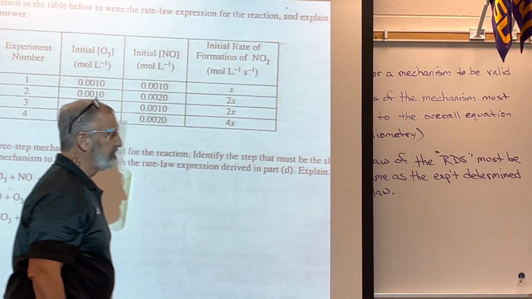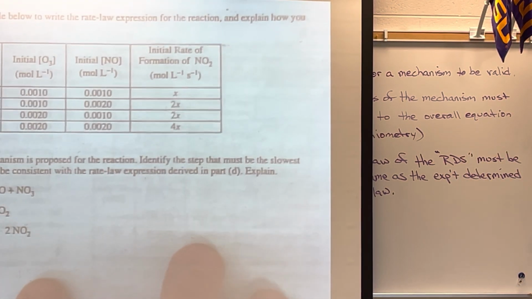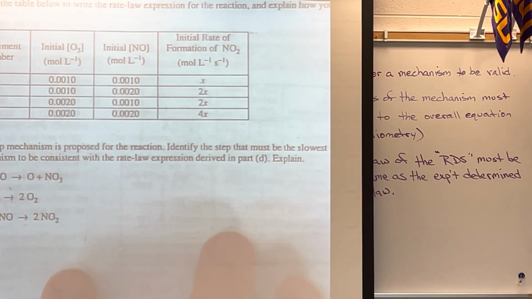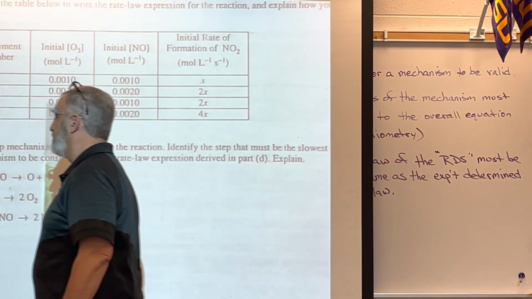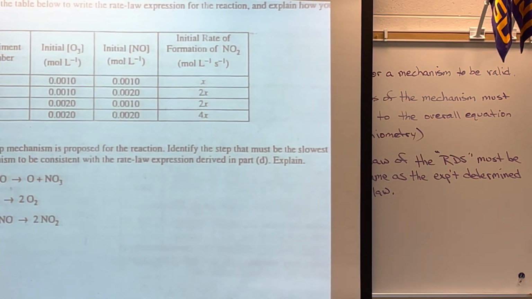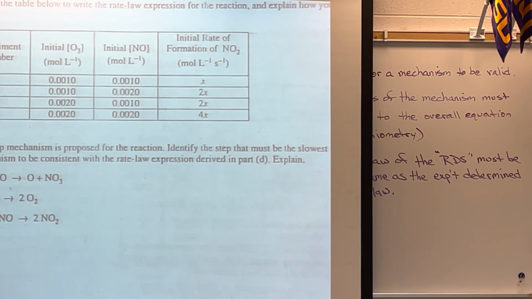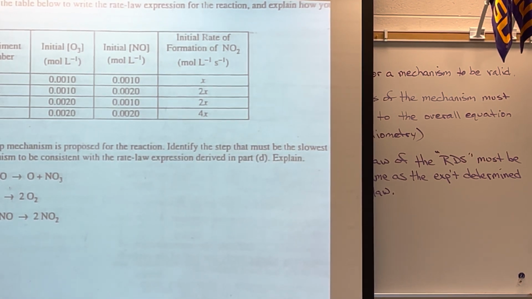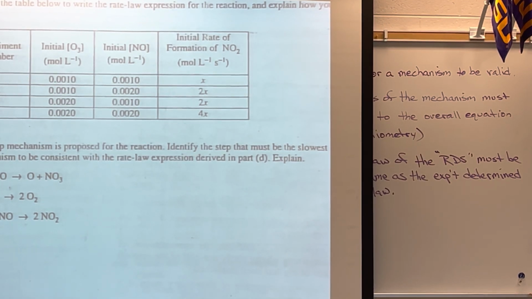Okay, so what did we determine the rate law to be from this experimental data? From our previous problem, I think we found that it was 1 and 1, right?